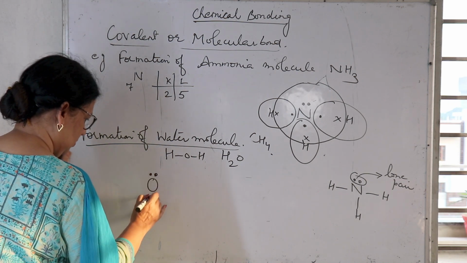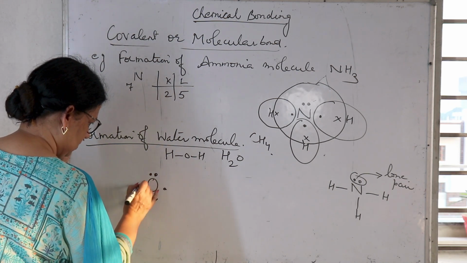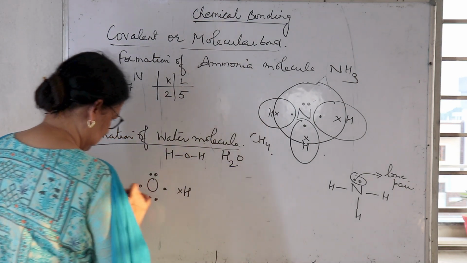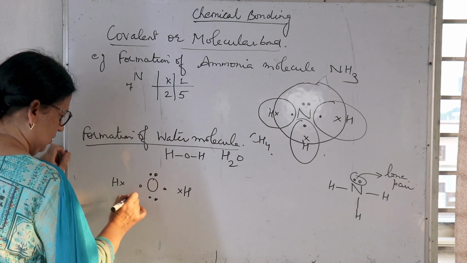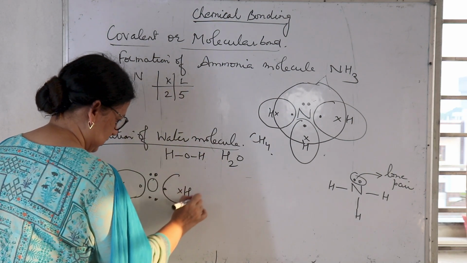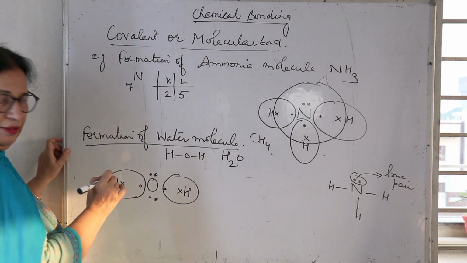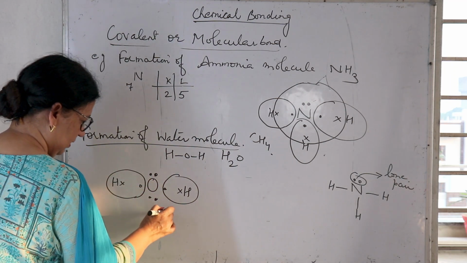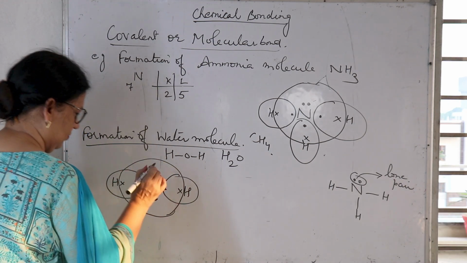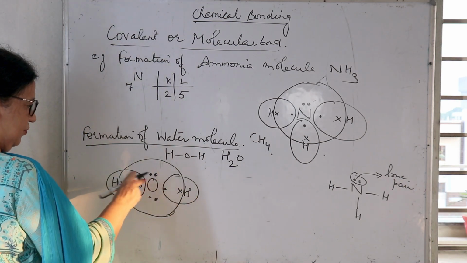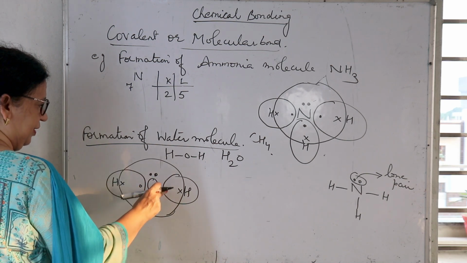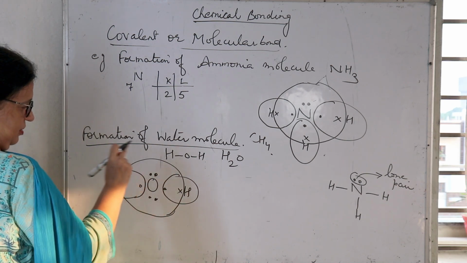So 6 electrons, and 2 hydrogen complete the K shell of hydrogen and L shell of oxygen with 8 electrons. You can count the number of electrons within that circle: 2, 3, 4, 5, 6, 7 and 8.